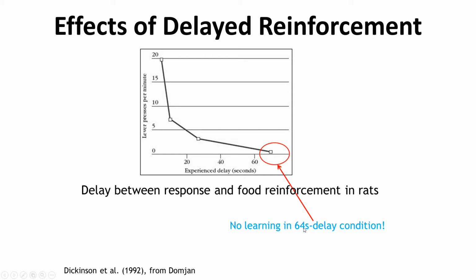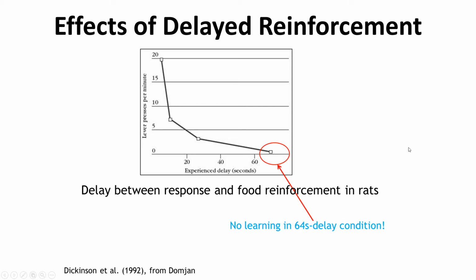So anything longer than 64 seconds of delay, you don't see much learning at all. This is our general rule, where shorter is better. You can still see some learning in moderate amounts of delay, but not as good as when they're short delays, and then really long delays have pretty much no learning.